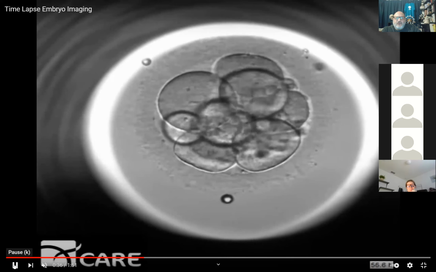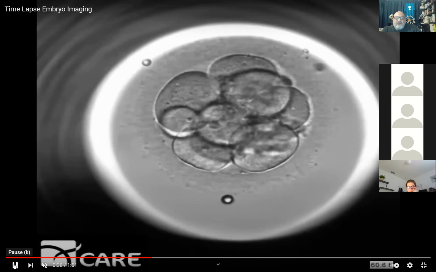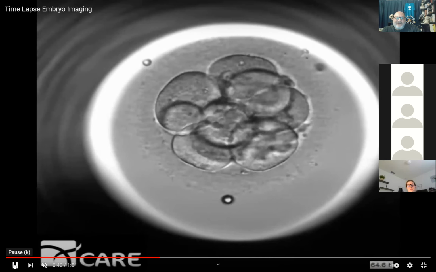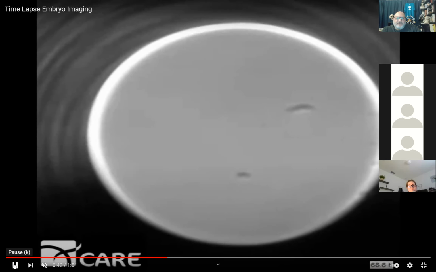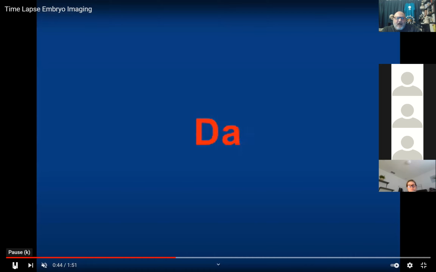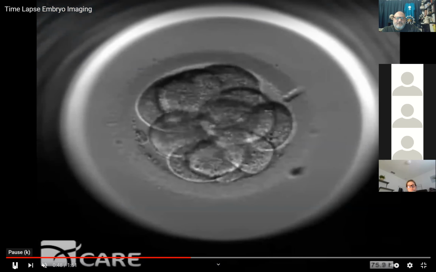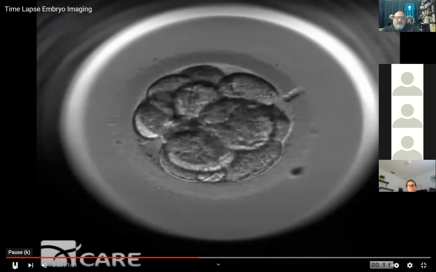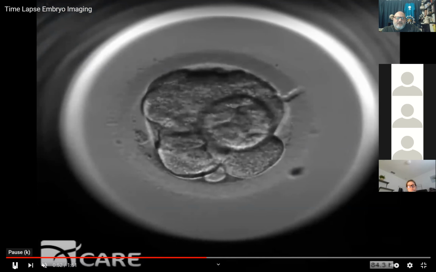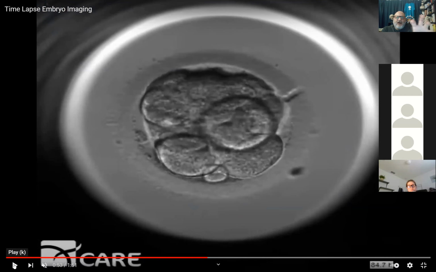And again, notice with each division, the cells get smaller and it is still contained within the zona pellucidum. Notice as more and more cells divide, it becomes that morula, that solid ball of cells.